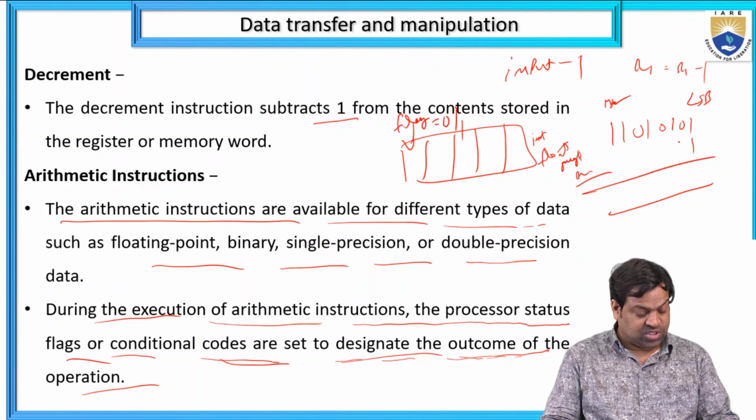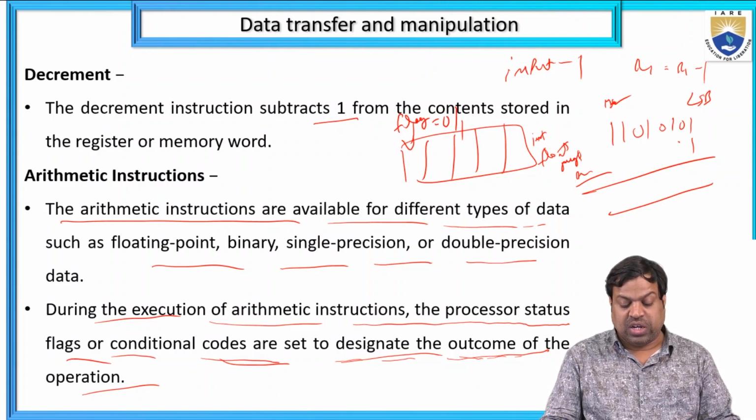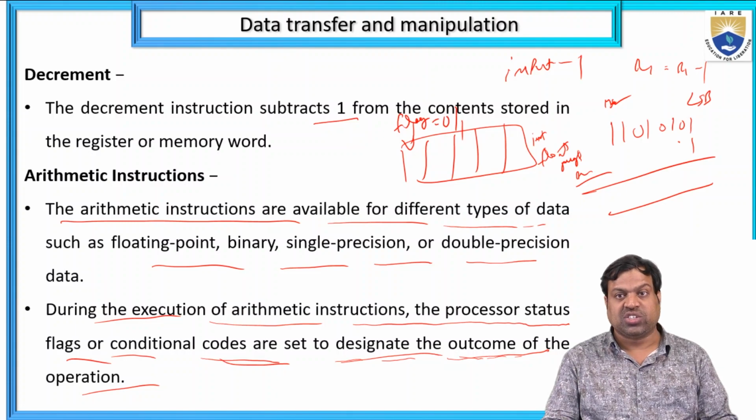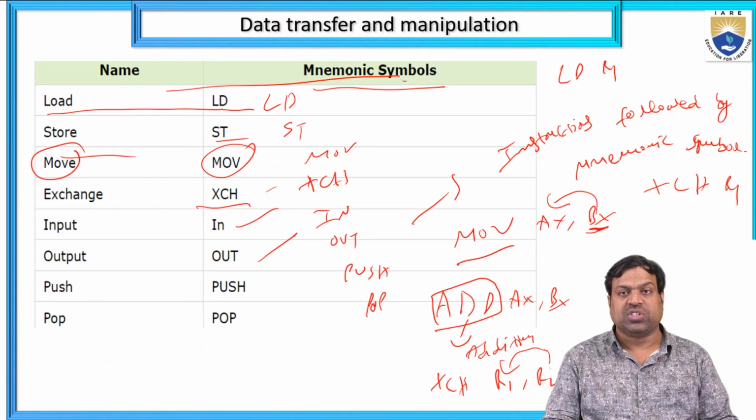And arithmetic instructions are available for different types of data such as floating point. So the inputs for arithmetic instructions can be integer, float, single precision or double precision. During the execution of arithmetic instructions, the processor status flags or condition codes are set to designate the outcome of the operation.